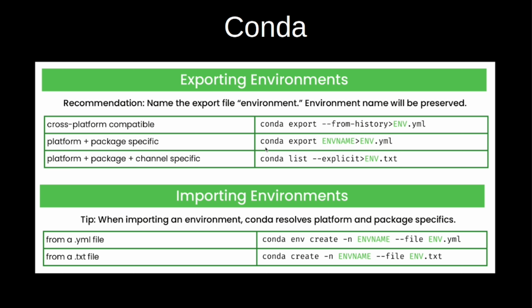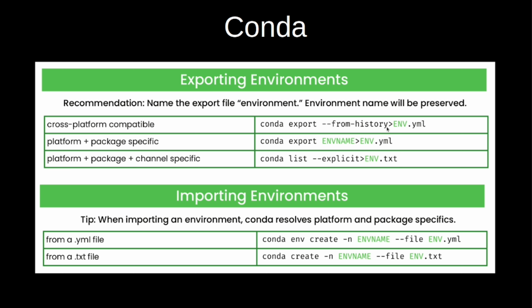And the second way, which is not cross-platform compatible, it's platform specific, you only use conda export and the environment name, or if you are in the activated state, you won't have to use the environment name, then the greater than sign, and the name of the environment.yaml configuration file. So you either use the --from-history attribute or not.